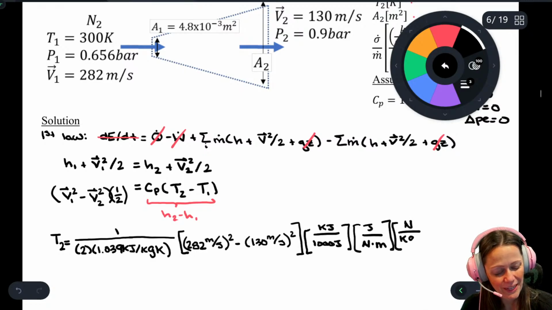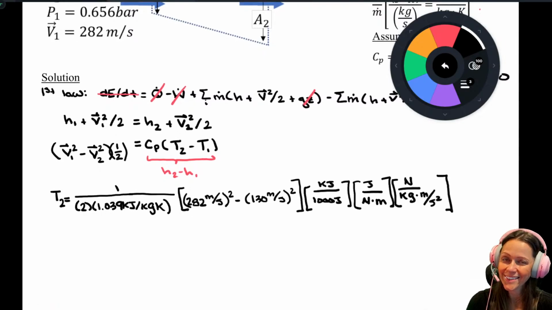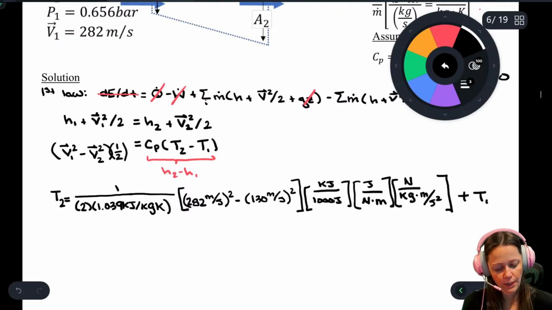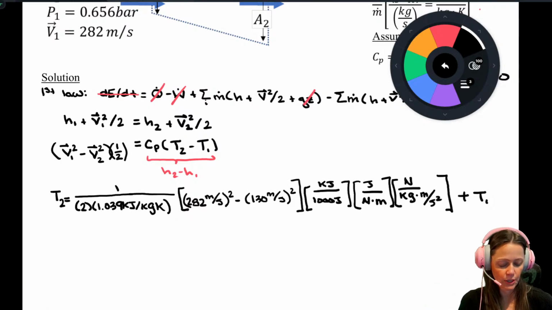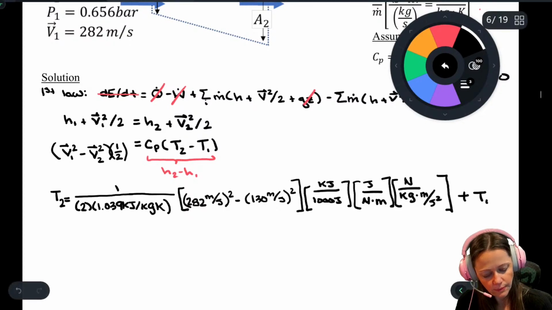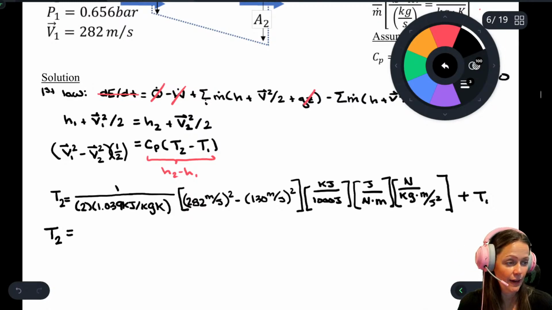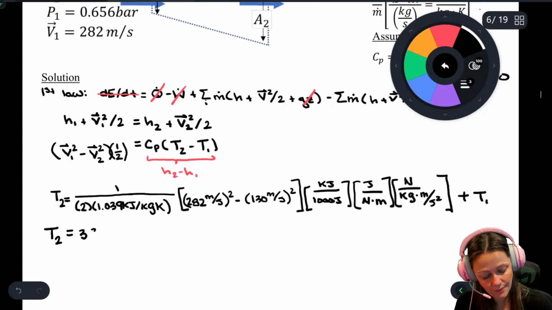And a Newton is a kilogram meter per second squared. Hopefully that will get us to units of Kelvin. Then of course we're adding T1 to it. So we algebraically solved for T2 and made sure our units work out. If I plug all of that in, I end up getting a value of 330.33. Perfect.